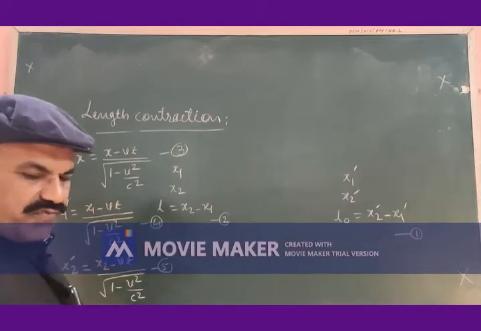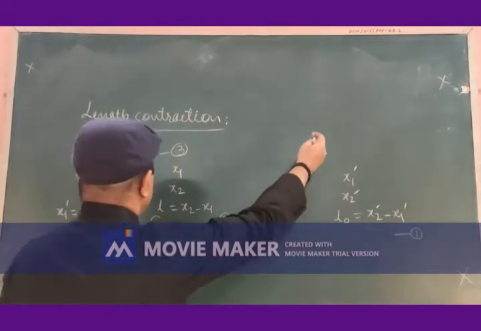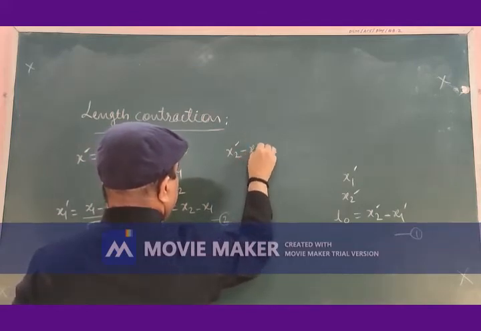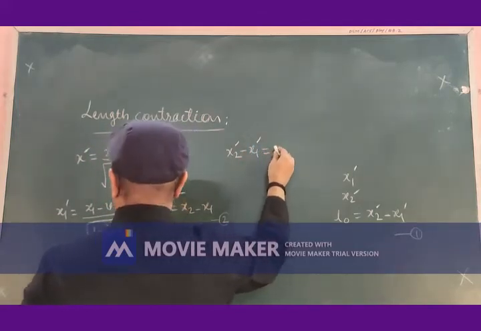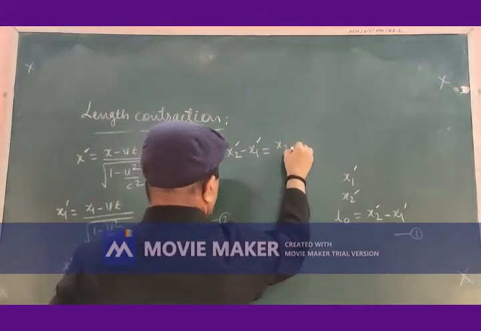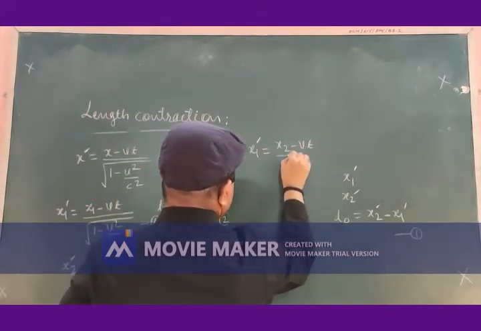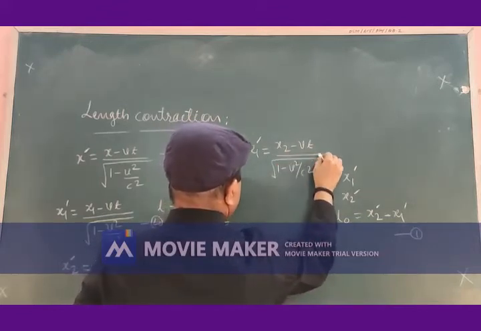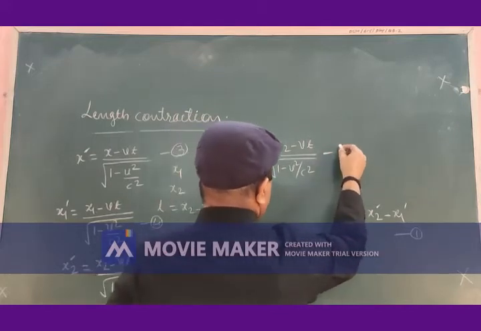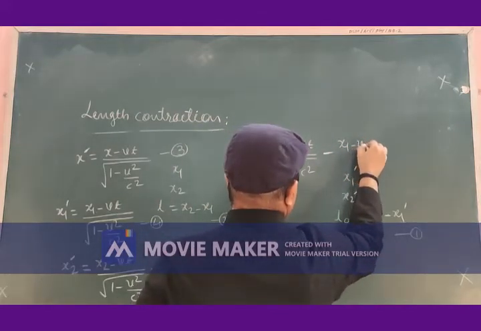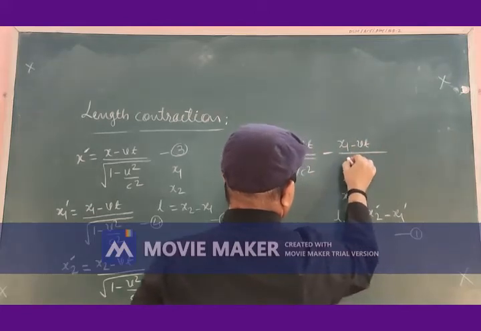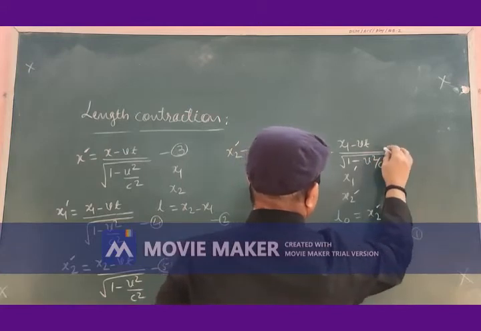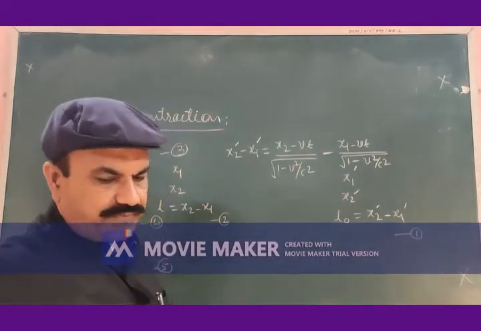If we subtract equation 4 from equation 5, we will have x2 prime minus x1 prime is equal to x2 minus vt divided by the square root of 1 minus v square by c square, minus x1 minus vt divided by the square root of 1 minus v square by c square.